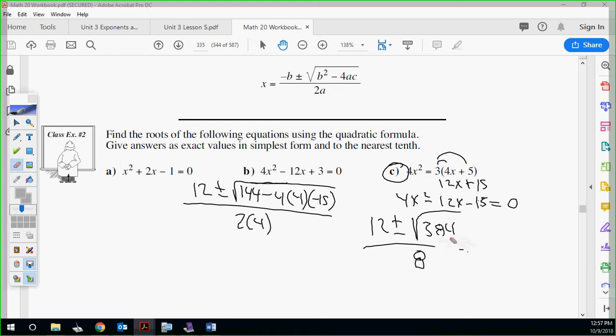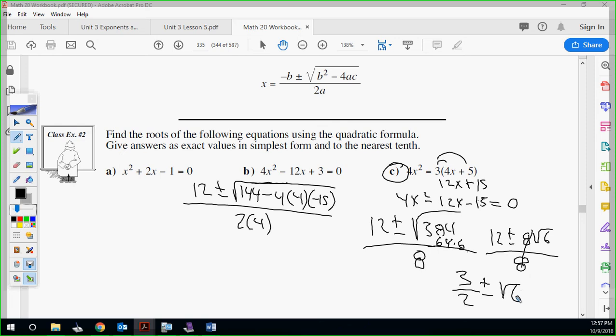It's just an extra step, because you know that 24 has something in it. So 64 and 6 was the best bet. So that gives me 12 plus or minus 8 root 6 over 8. And now we can simplify it. 12 over 8 is 3 over 2. Plus or minus, these cancel, root 6. 3 halves plus or minus root 6 is your best way of writing that.